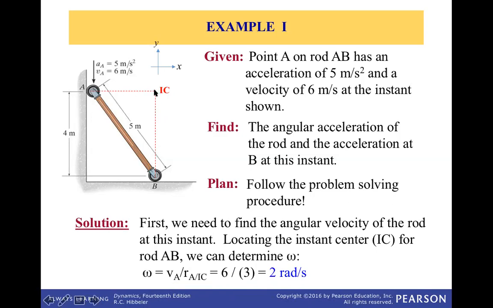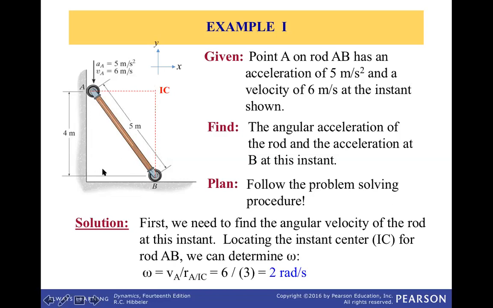If we can determine IC, we can calculate omega. According to our geometry here, if this is 4 and this is 5, then this side should be 3, because this is the right angle.